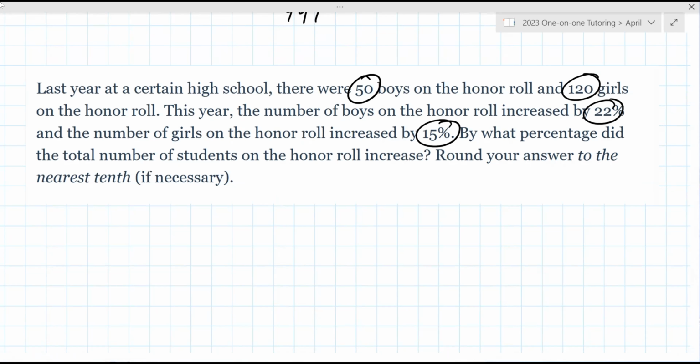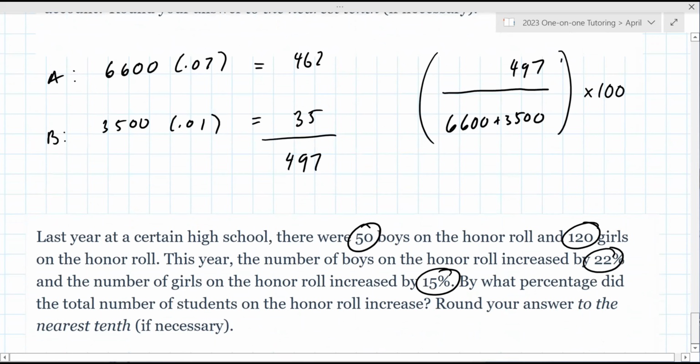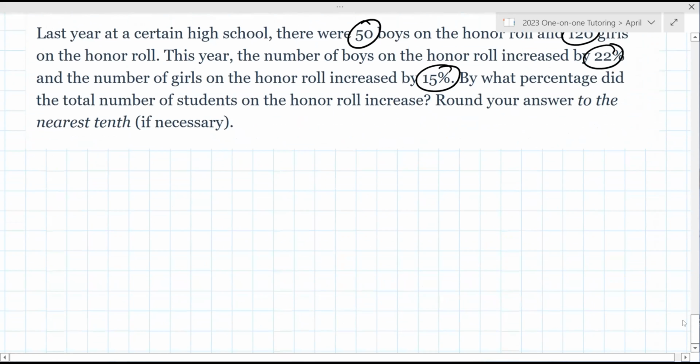But in the last one where it was 4% or 1%, what you're actually doing is you're moving the decimal over 2 times, and that's where that zero comes in. But this one, just to be short and compact, it is 0.22 and 0.15.